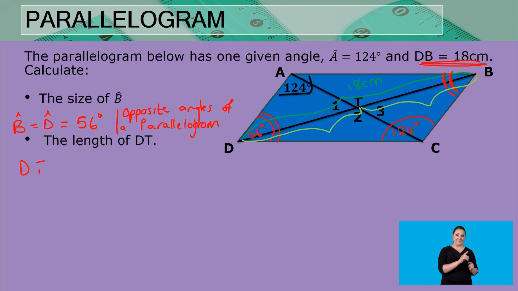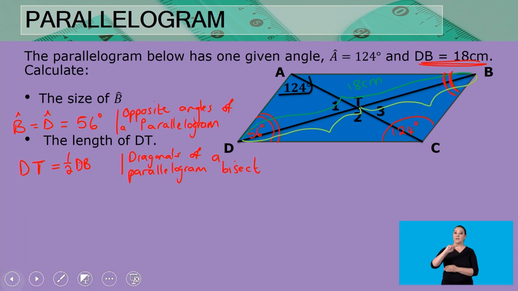So DT is half of DB. And what reason do we have for that? Our reason will be that the diagonals of a parallelogram bisect each other.